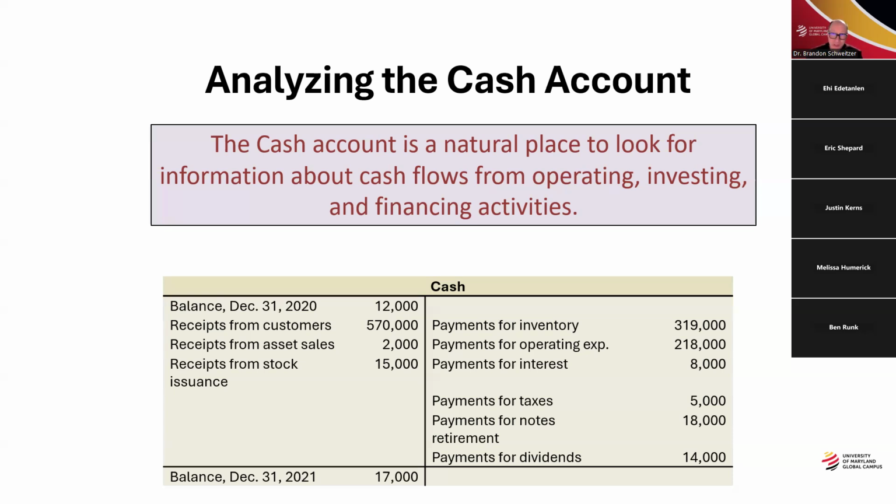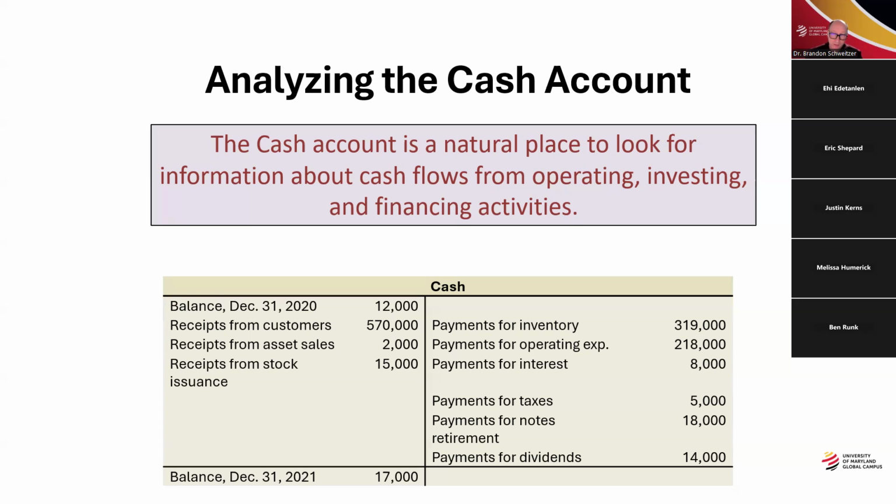So here in this example, we can see things like customer receipts from sales, receipts from the sale of assets, receipts from the issuance of stock. We know that the receipts of sales are from operating activities. The receipt from the sale of fixed assets is investing activities. And the receipt from common stock issuance is financing activities.